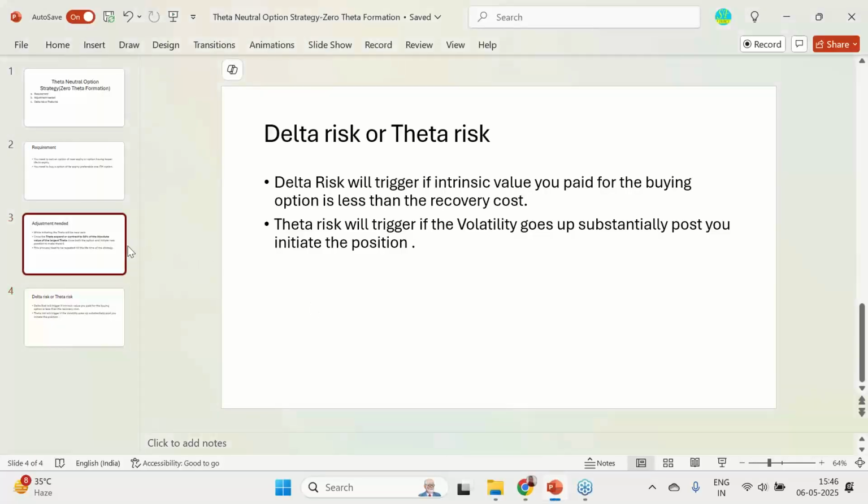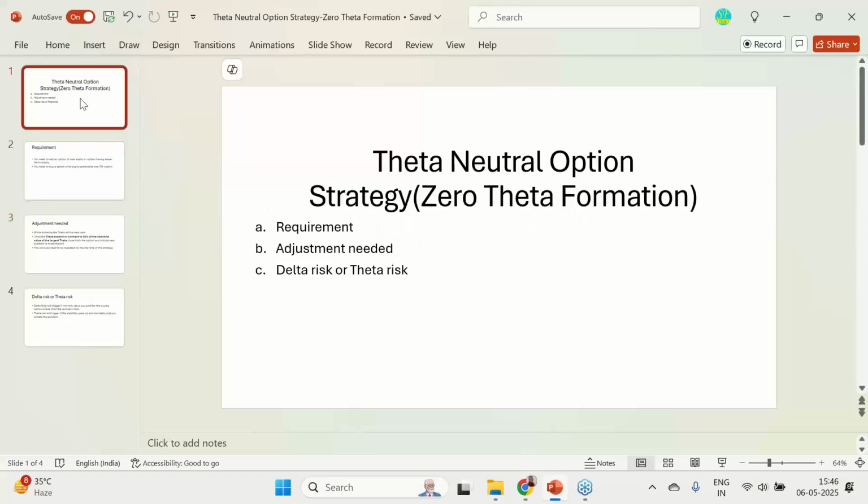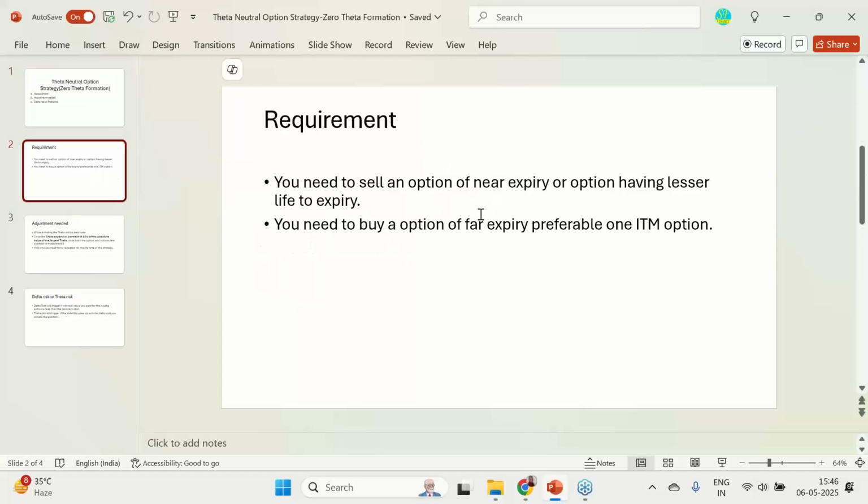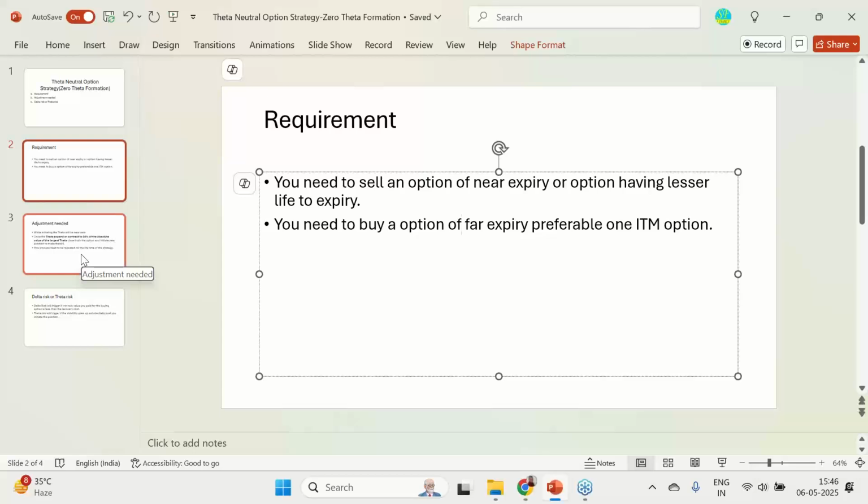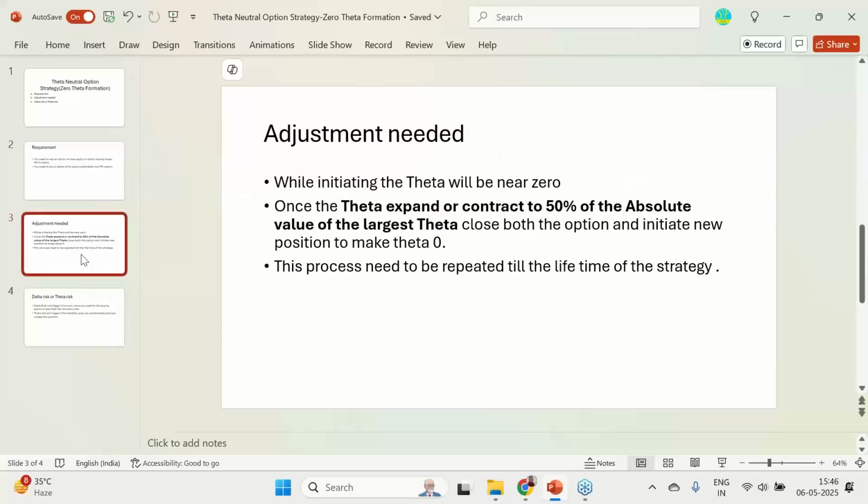For your basic understanding, theta neutral or theta zero formation requires one option which has lesser life to expire, and another option which has more life to expire. So the lesser life option should be sold, the more life option bought, and futures should be stopped in between.